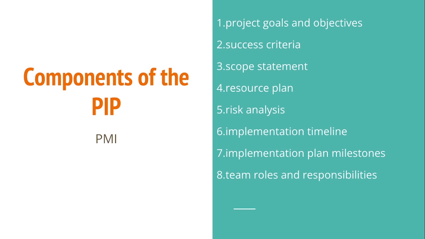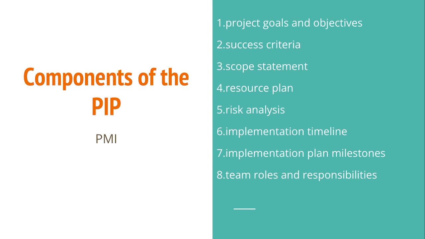project goals and objectives. So when you're doing your PIP, firstly, you need to define your project goals and objectives. And just to define what a goal is, this is the ultimate goal of your project, while the objectives are key milestones or achievements that the project intends to achieve.